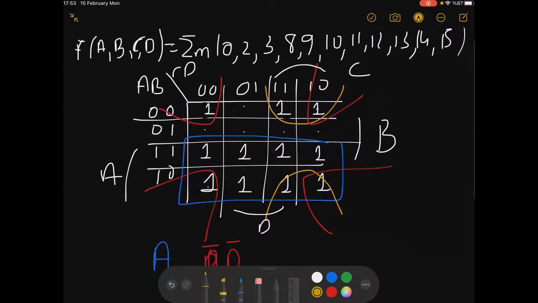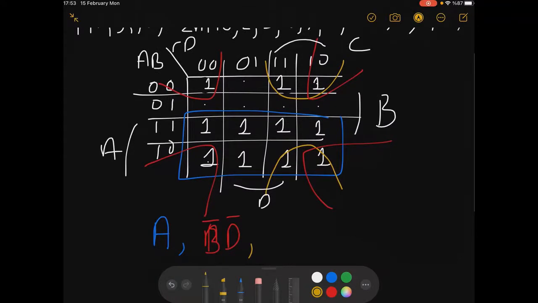B not and C, I think, right? B not and C. Hopefully I did it correct.